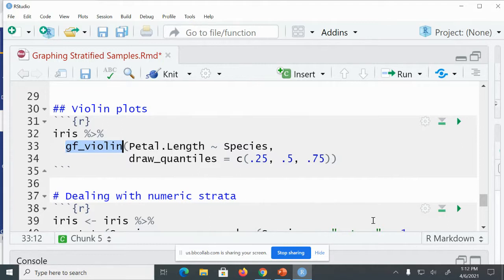And I've added an optional argument here of draw_quantiles. And that's going to draw in the 25th percentile, 50th percentile, and 75th percentile. So the median, first quartile, and third quartile, like we had in the box plot. And I find that is helpful for being able to read the violin plot more easily.